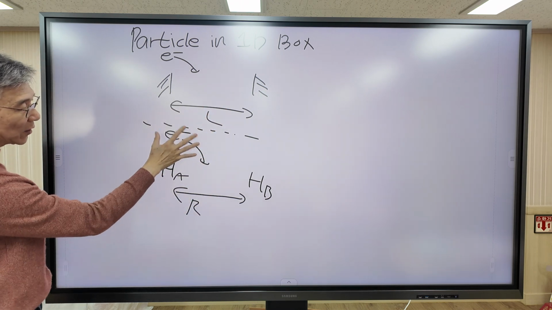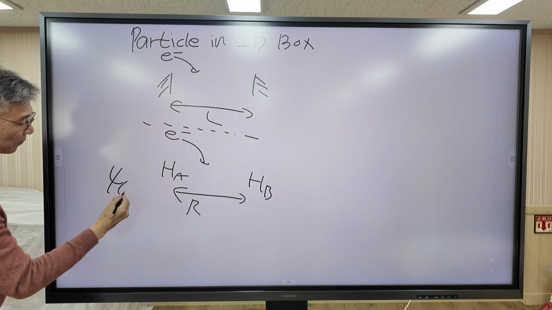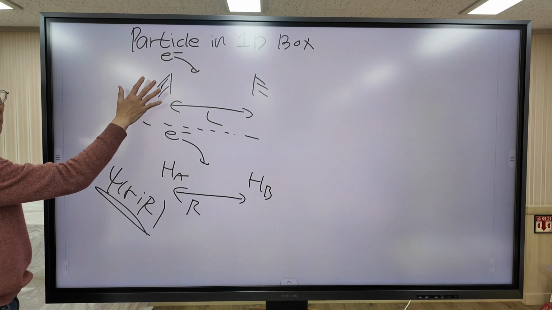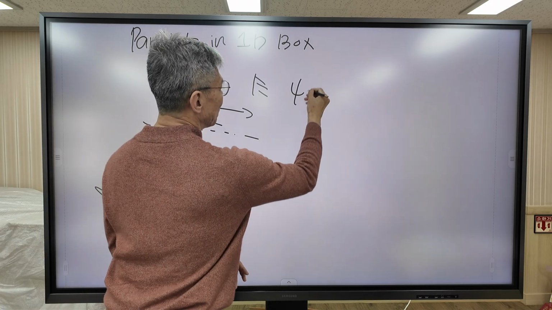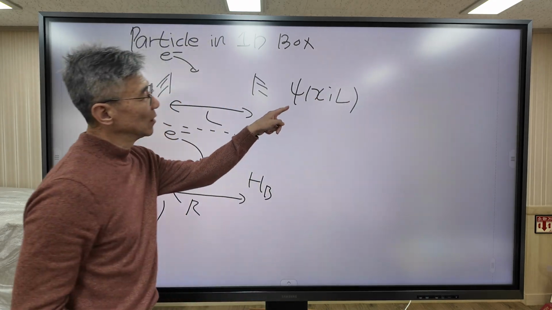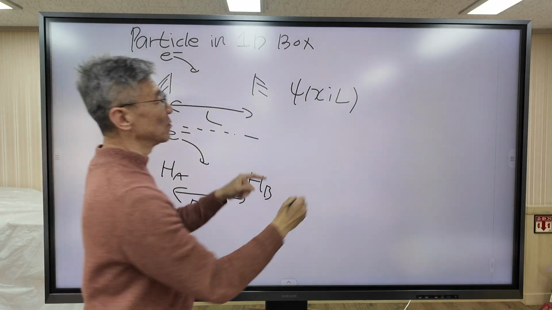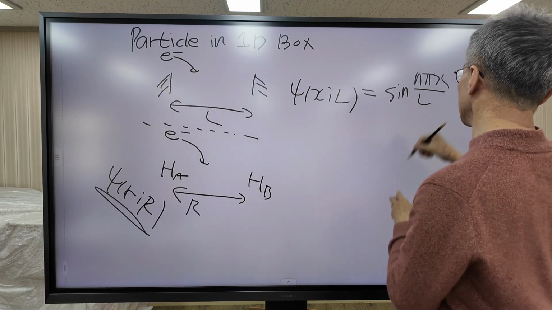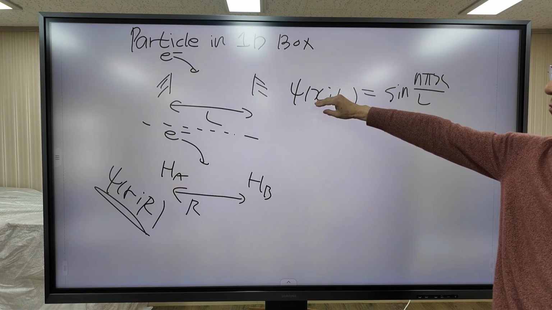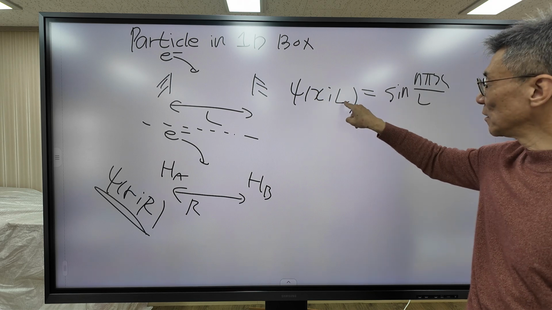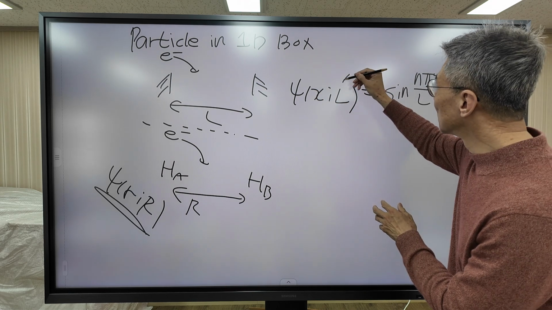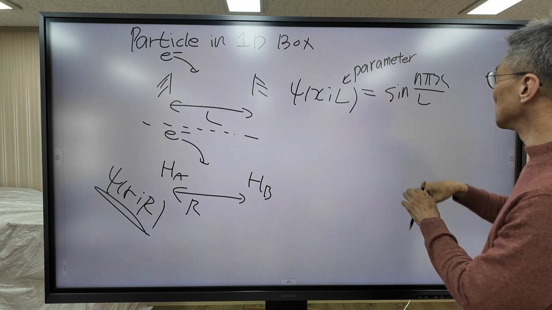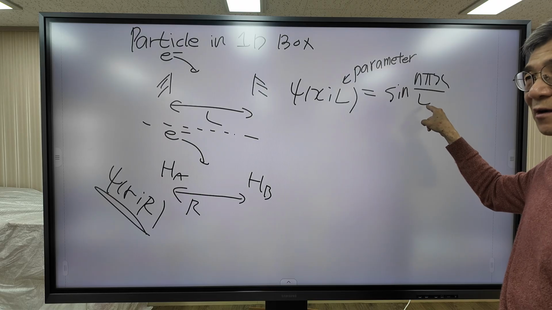As I said before, the molecular orbital here is expressed using this form. For the particle in a box, the wave function has this form. This is the wave function for a particle in a one-dimensional box. It depends on L. L is a parameter.